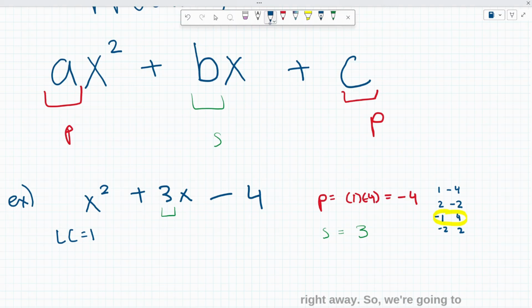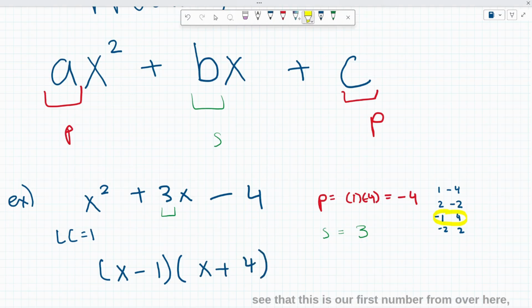So we're going to take our two numbers that we found here and split up our trinomial into two terms, such that we have x minus 1 multiplied by x plus 4. And you can see that this is our first number from over here, and then this is our second number also from over here. And that's it. It's factored. Wasn't that nice and easy?